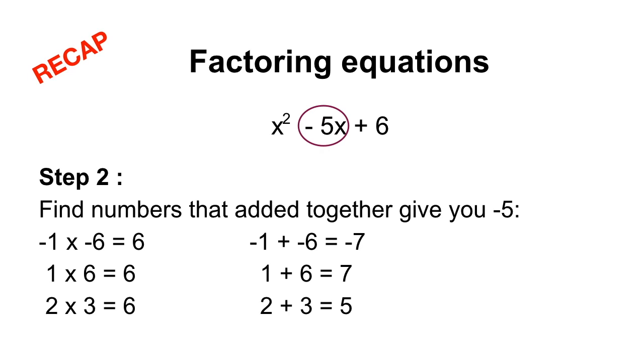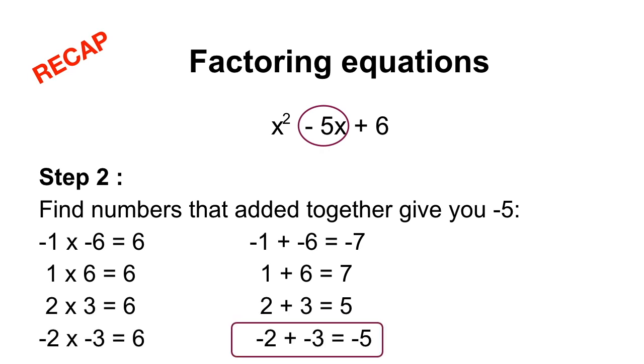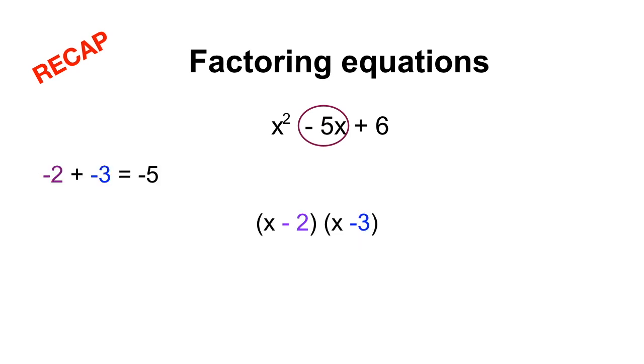So there on the left, you have the numbers that we found in step 1, the factors of positive 6. And then on the right side, you have those numbers again, but in this case, we're adding them together. So you have to find the combination that added together would give you minus 5, which is that number on the right. All right, and that would be your factors.